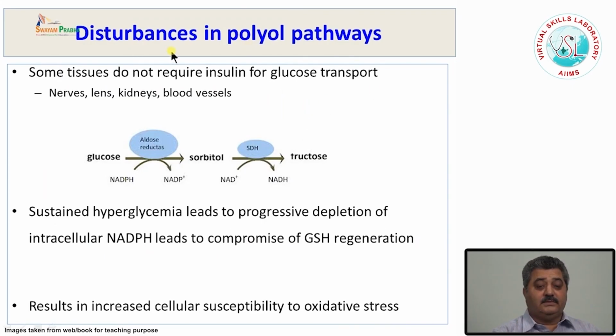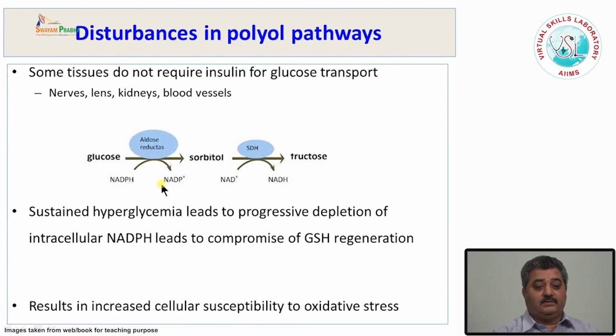Now, because of the disturbance of the polyol pathway, as I mentioned, some tissues don't require insulin for the glucose transport, and because of the raised glucose levels, this glucose goes inside the tissue, and it is broken into fructose, and there is involvement of sorbitol, which is an intermediate product, and it is more toxic to some of the tissues.